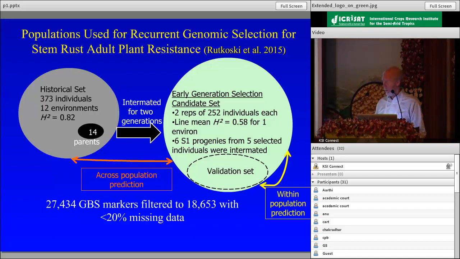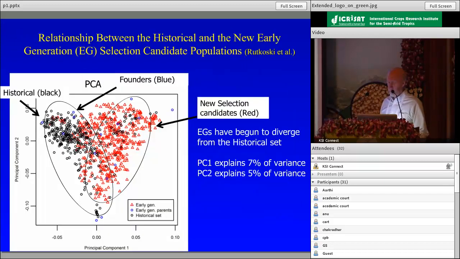And those were imputed using expectation maximization. This is a PC analysis, again, showing the first 2 principal component axes of the historical in black, the selection candidates in red, and the blue circles are the founder parents.